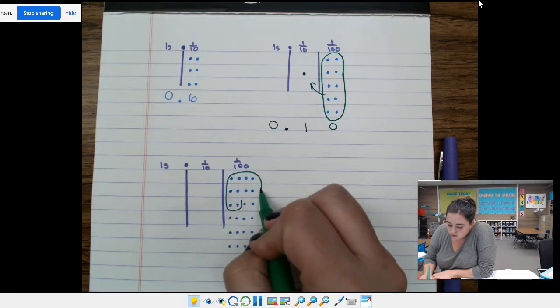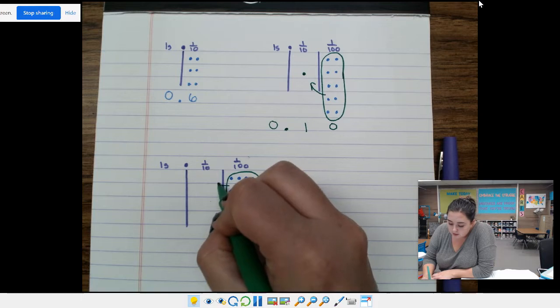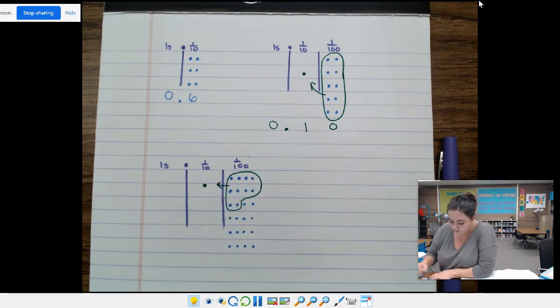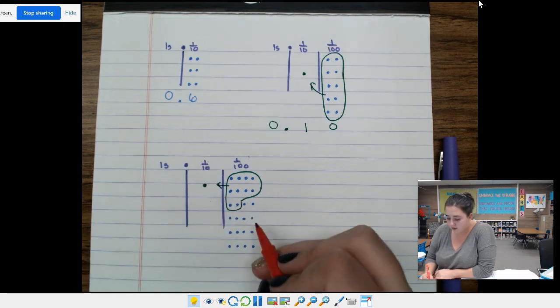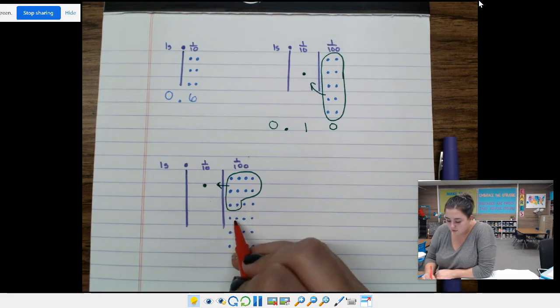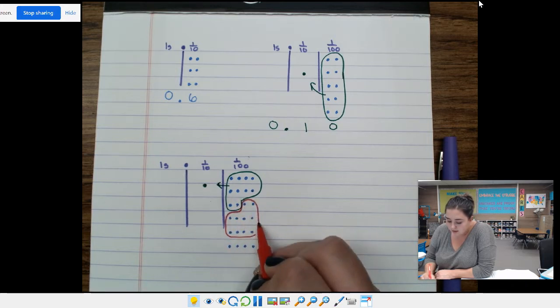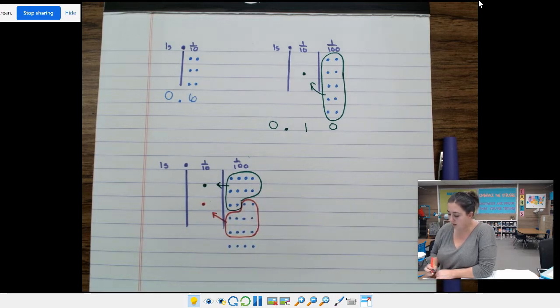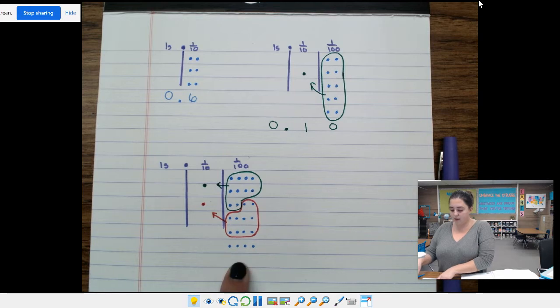So there's 10 pennies. I'm going to make 1 dime with that. Let's see if I get another group of 10. 1, 2, 3, 4, 5, 6, 7, 8, 9, 10. Right there. Another 10 pennies. I'm going to make another dime. Oh, now I'm out.